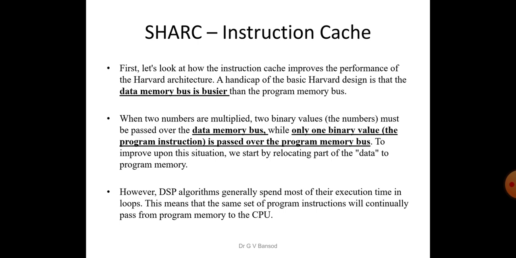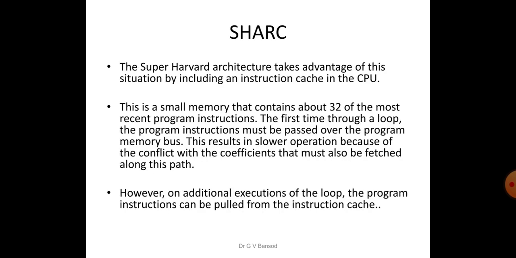There will be repeated operations like A multiplied by B plus C. So I require some kind of arrangement where these repeated operations are stored in a special memory where they execute faster. So the super Harvard architecture takes advantage of this situation by including an instruction cache in the CPU.